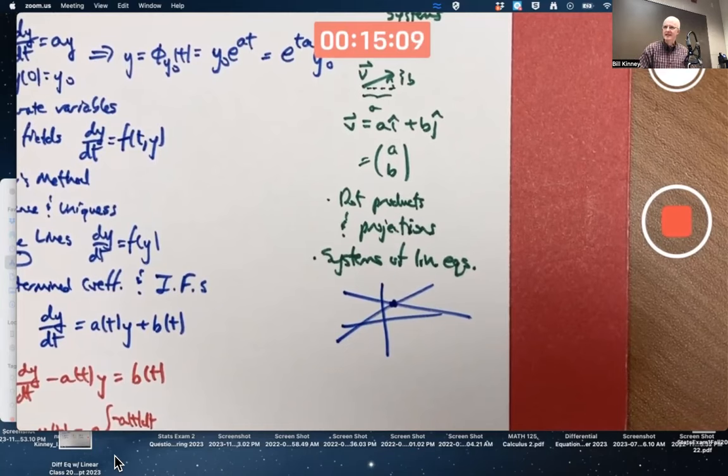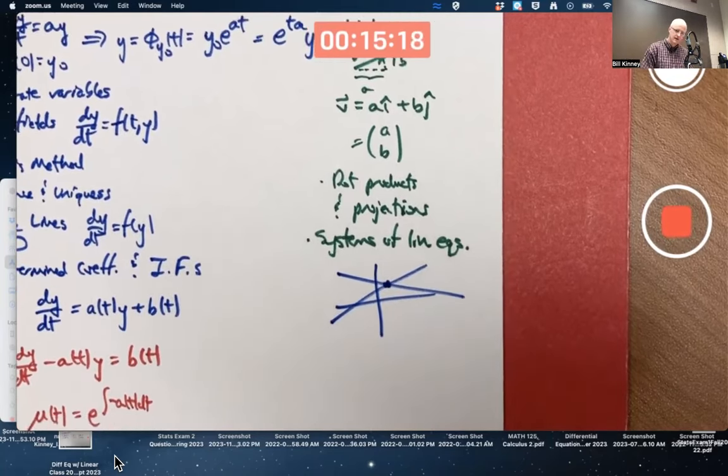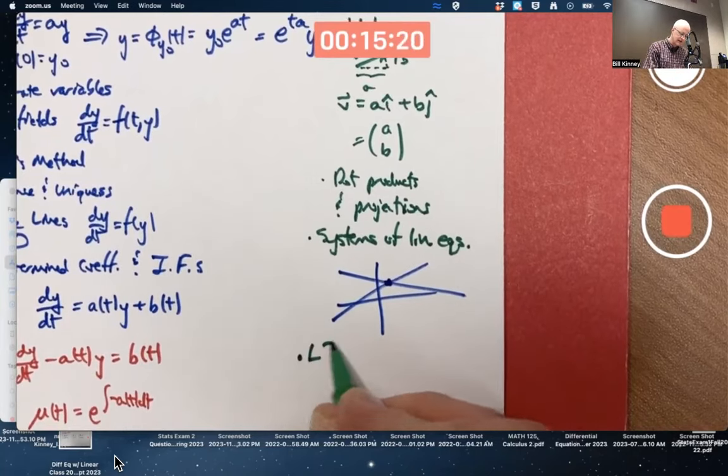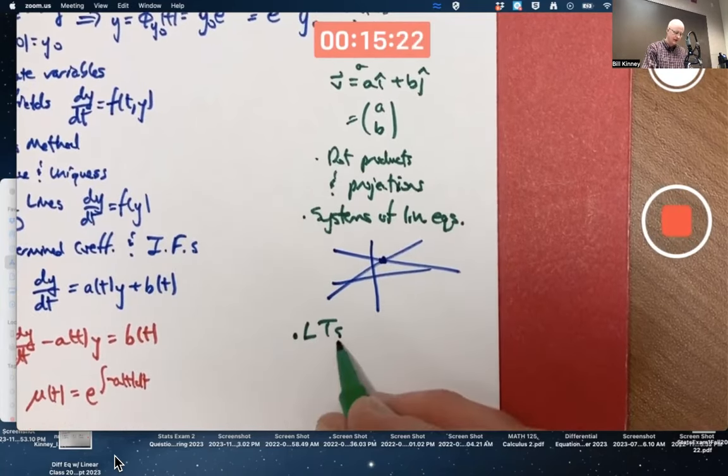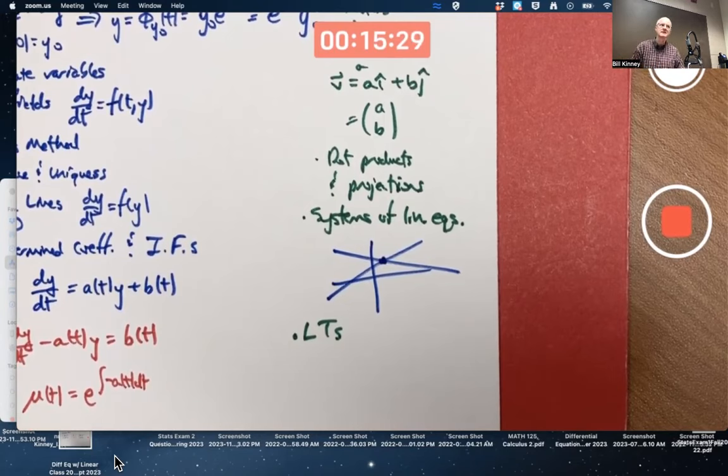That's the most basic geometric interpretation, not talking about linear transformations yet, though we quickly got into linear transformations. I'll just write LTs. Initially, purely geometrically, you remember that? Talking about rotations and reflections and that kind of stuff.